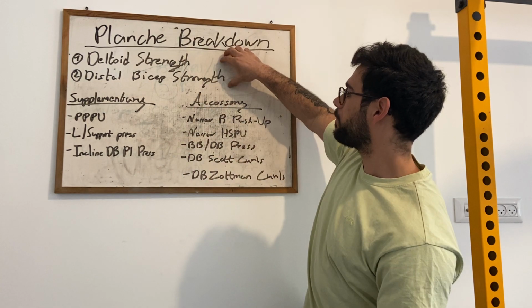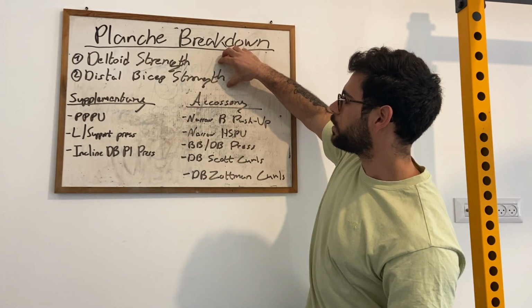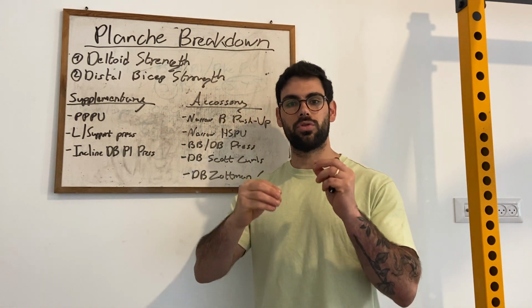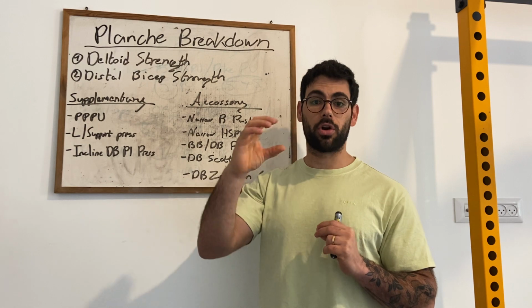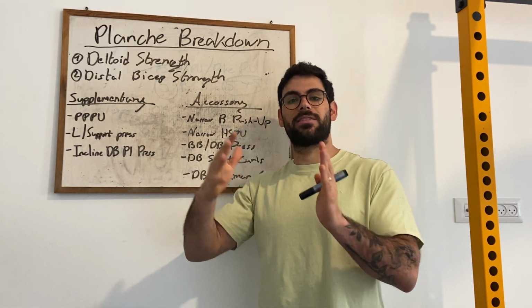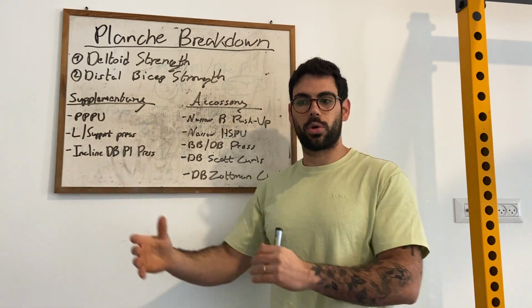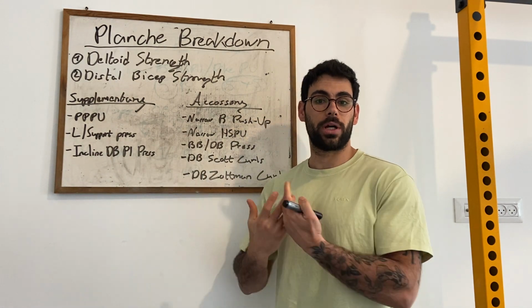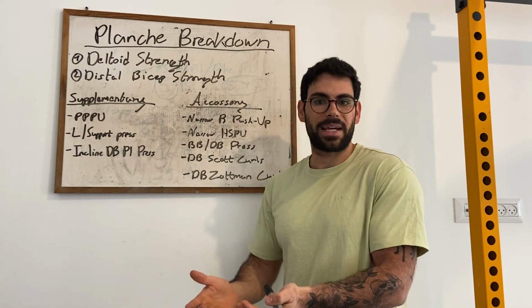If both of them are very strong and you do not have a planche yet, that is only due to lack of neurological adaptation. You haven't yet trained the planche enough to coordinate all the different muscle groups and the technique to perform the exercise.